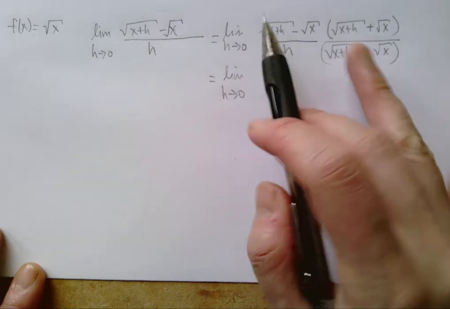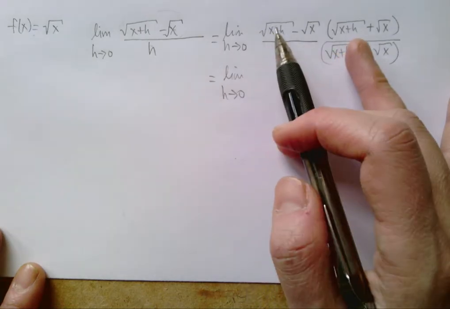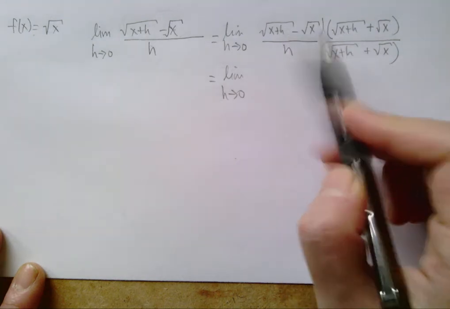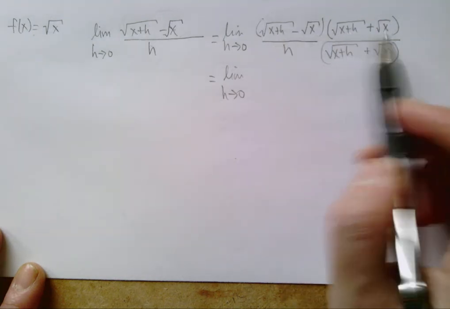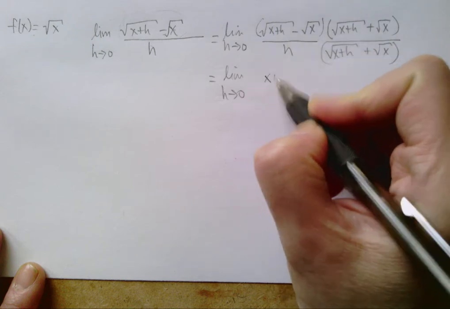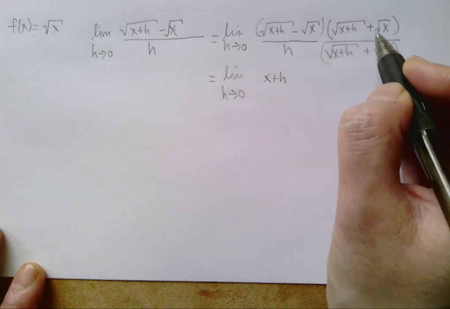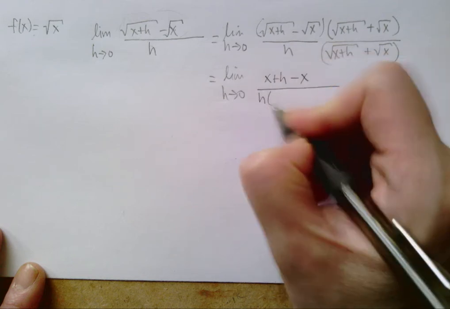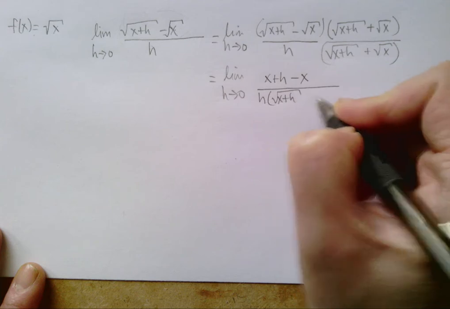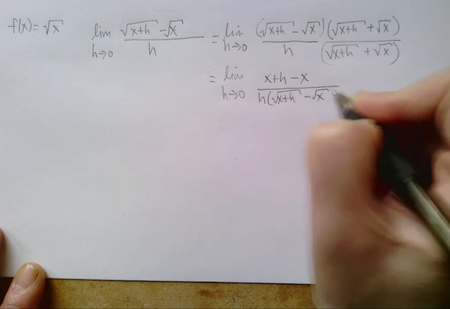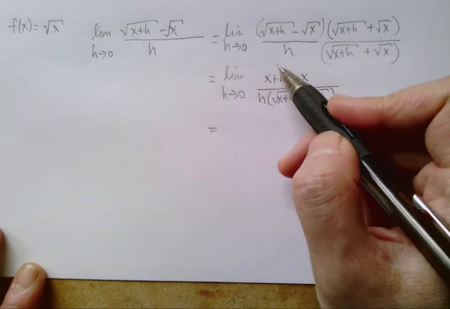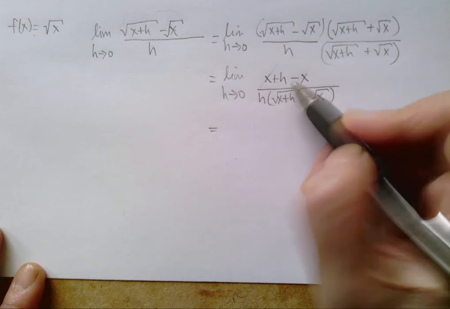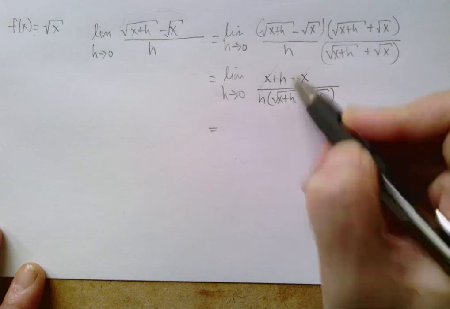So now, in the numerator, we've multiplied this term times this term to get x plus h minus x in the numerator, and h times this denominator with radicals. This is good because now we can eliminate x, which leaves h in the numerator, h in the denominator.